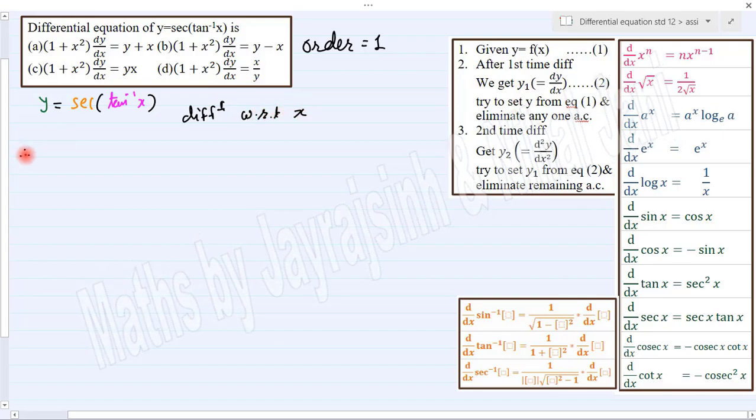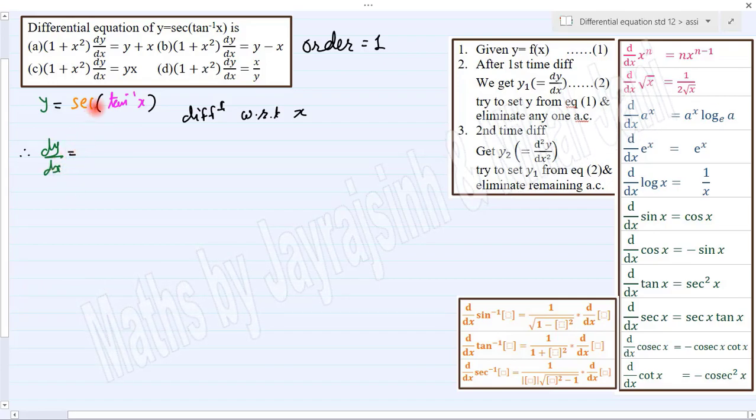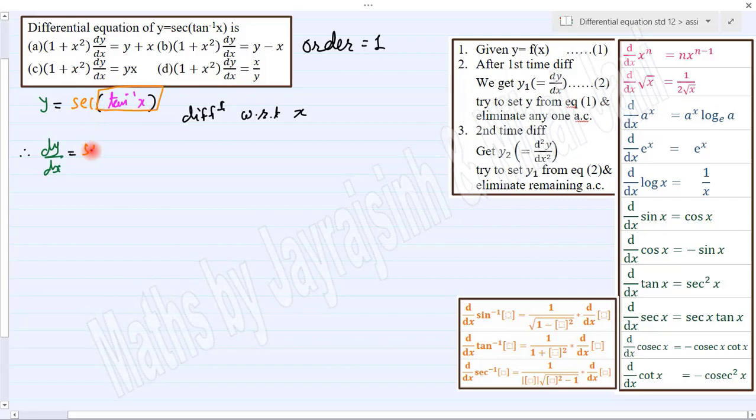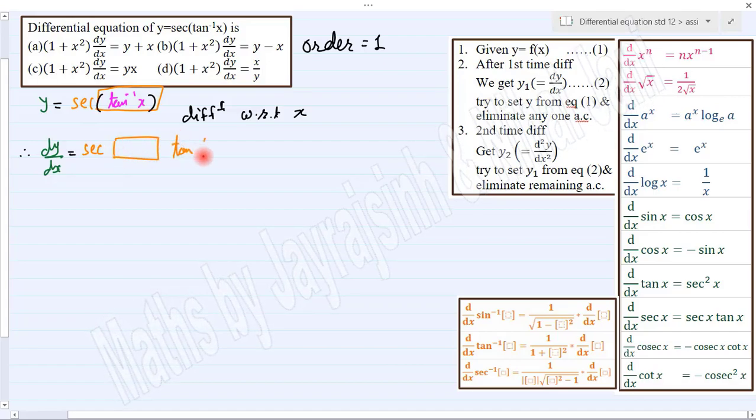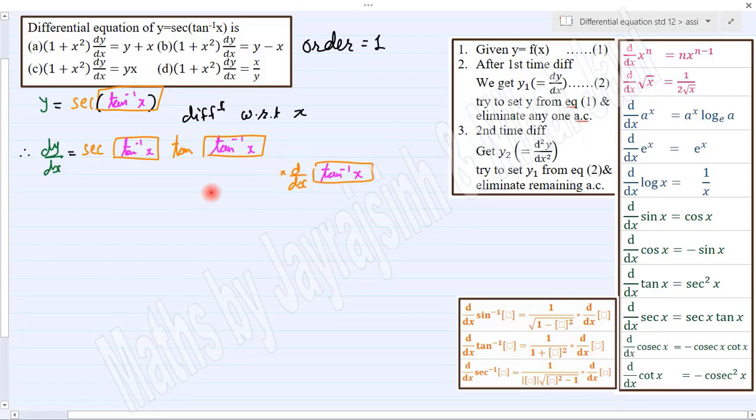We will get dy by dx is equal to the differentiation of sec box, and the differentiation of sec box is simply sec box into tan box into d by dx of box. Within the box we have tan inverse x, so we just have to multiply the differentiation of tan inverse x, which is 1 upon 1 plus x square.